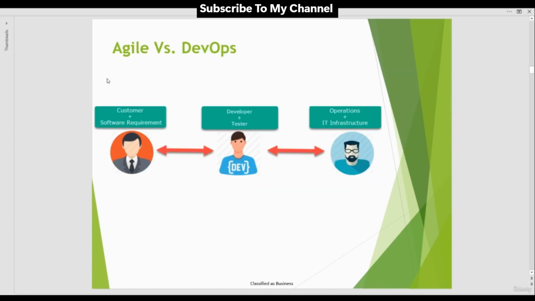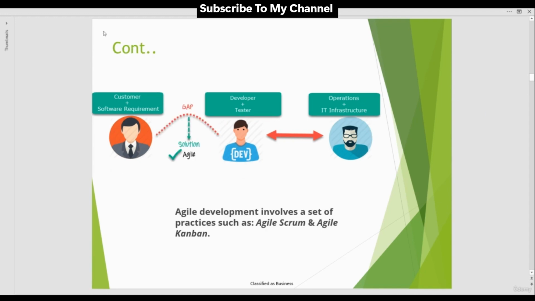If you see here, we have a customer plus software requirement because we get the requirement from the customer. Then you have a developing and testing stage. It's a developer plus tester. So this is a development team. Then you have operations plus IT infrastructure. So there is a gap between requirement and the development team.